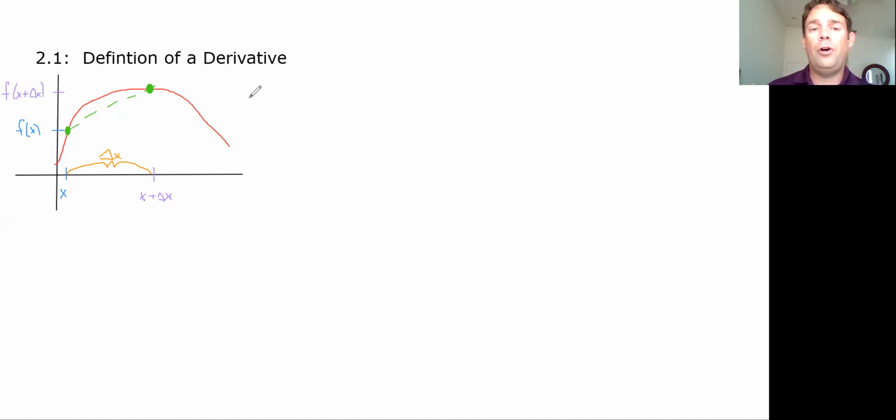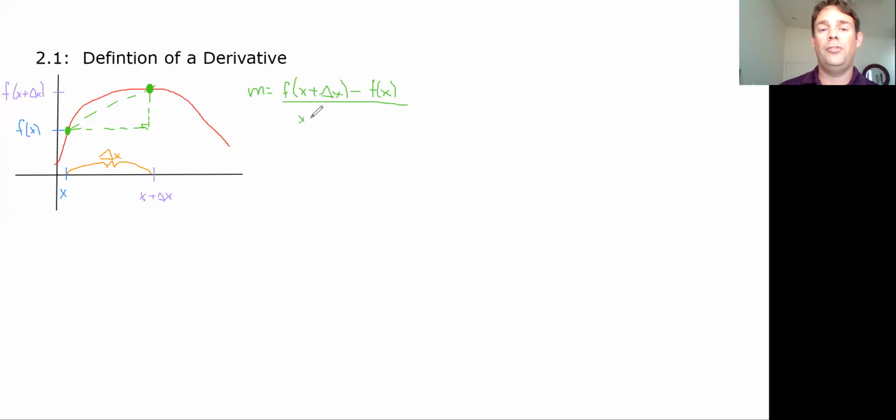So if we were to go and find the slope of that line, essentially we're doing a little slope triangle here, and we're trying to figure out the slope of this line. And we remember that slope is rise over run. That means slope would be the difference in the y's divided by the difference of the x's.